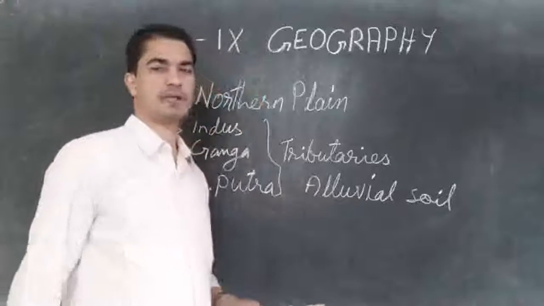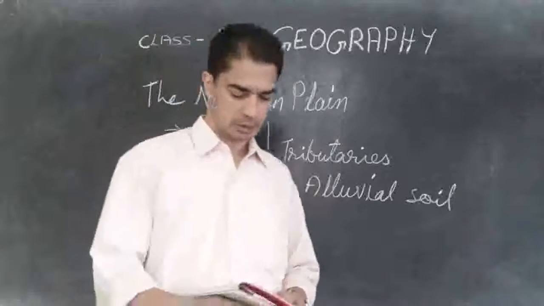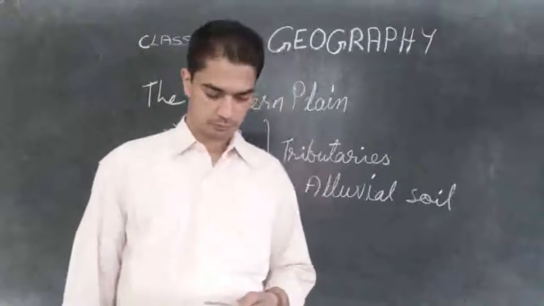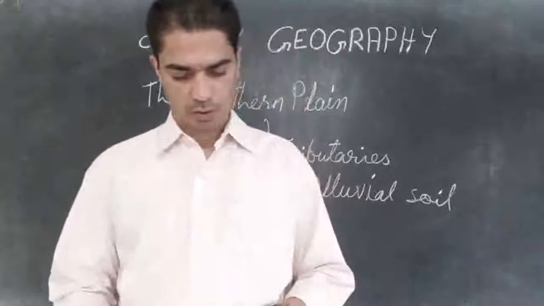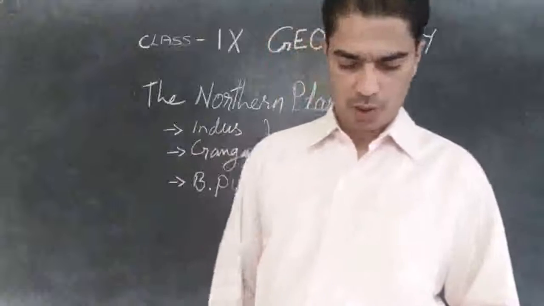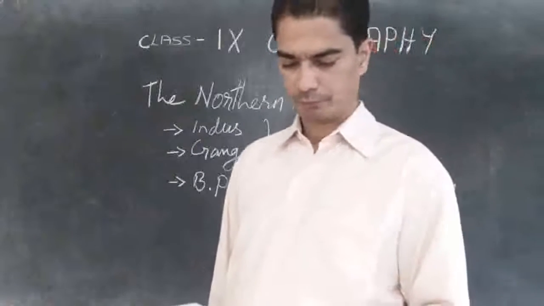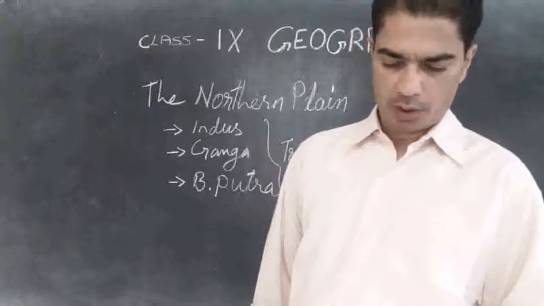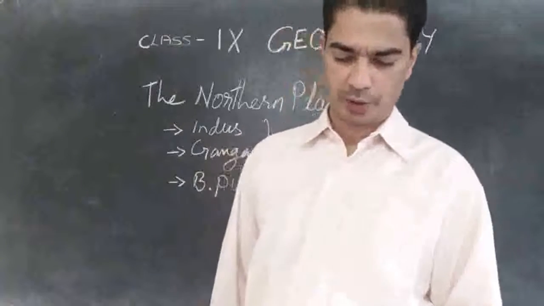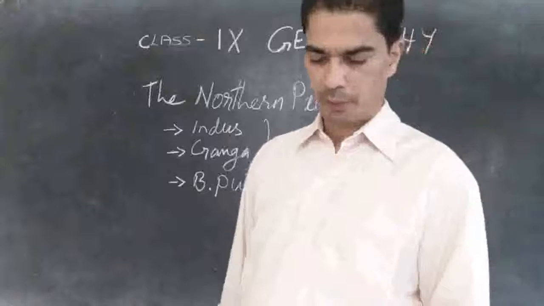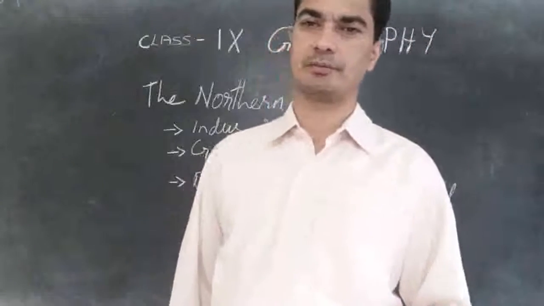The type of soil that we find there is alluvial soil. The deposition of alluvium in a vast basin lying at the foothills of the Himalaya over millions of years.